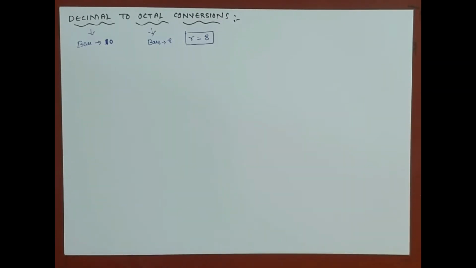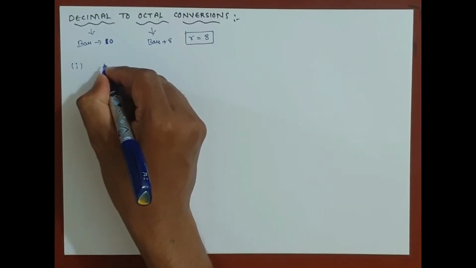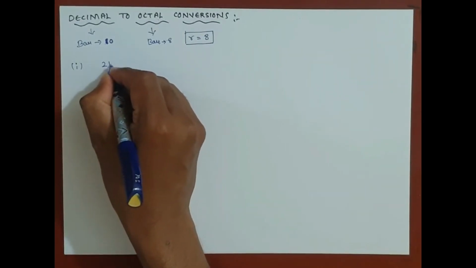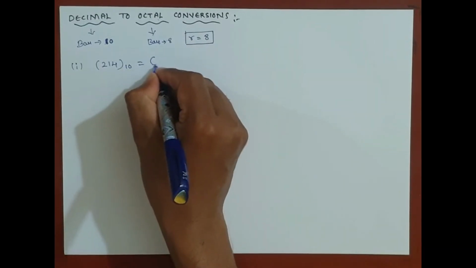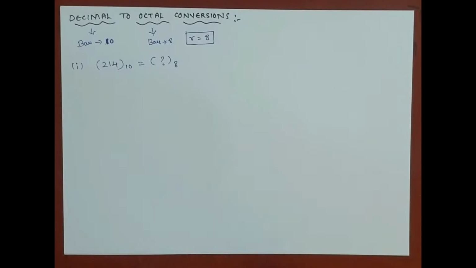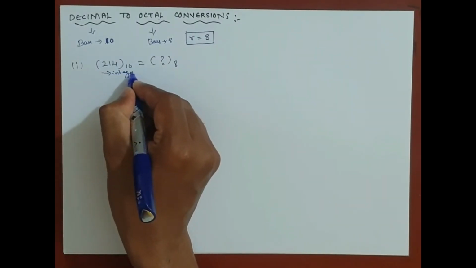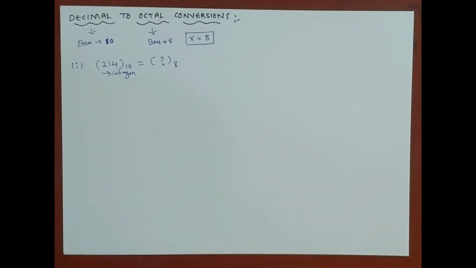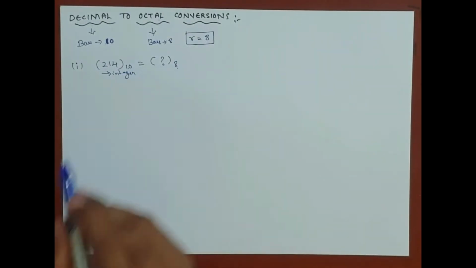Let us start a numerical. For example, I will take a value 214 to the base of 10 equal to question mark to the base of 8. Here they have given only the integer part. The question is, I have to convert this decimal number into octal number.